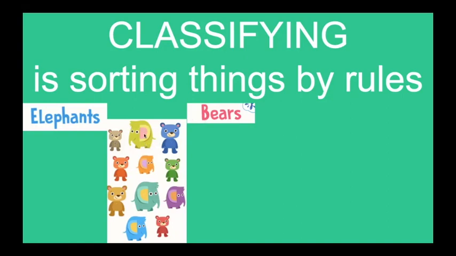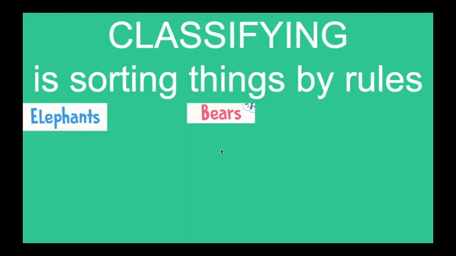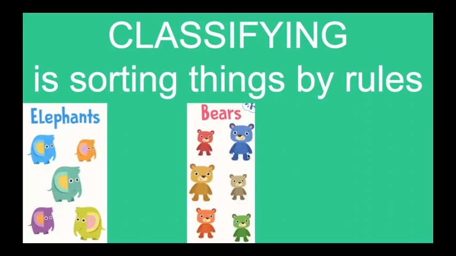In the right column, we put bears, right? So we classify these objects, elephants and bears. So we have separate elephants and bears, right? This is the example we just watched in the video.